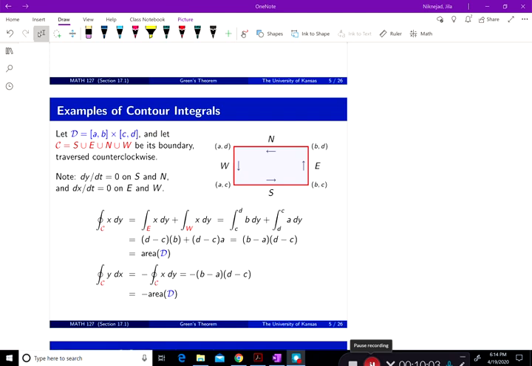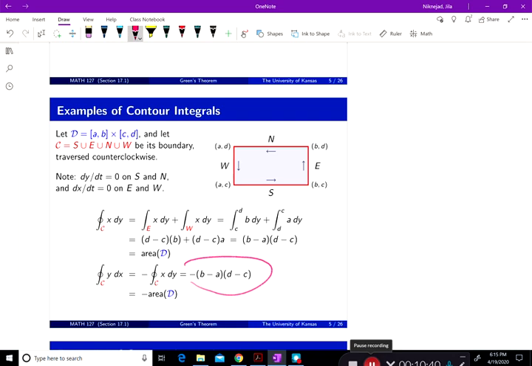Similarly, if you want to find the contour integral of y dx, since dx is 0 on E and W, you're just computing the integral over N and S, and you end up with the negative area of D. That's what we figured out in the previous example too: the contour integral of x dy was the negative of the contour integral of y dx.